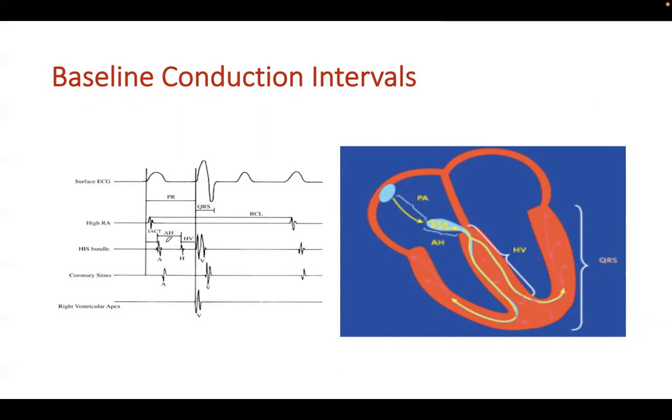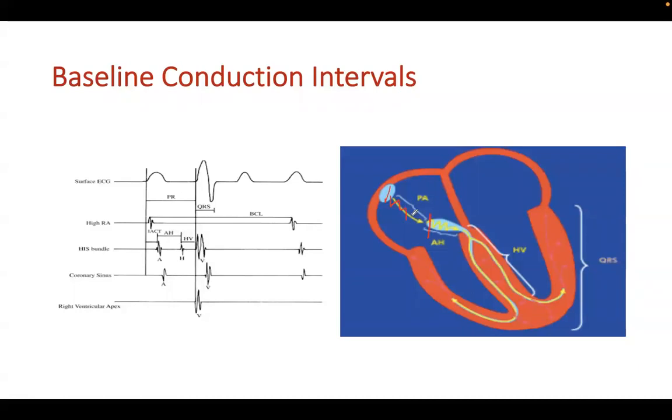So you measure AH, you measure HV, and then you can measure from the earliest atrial activation to your A in the His.